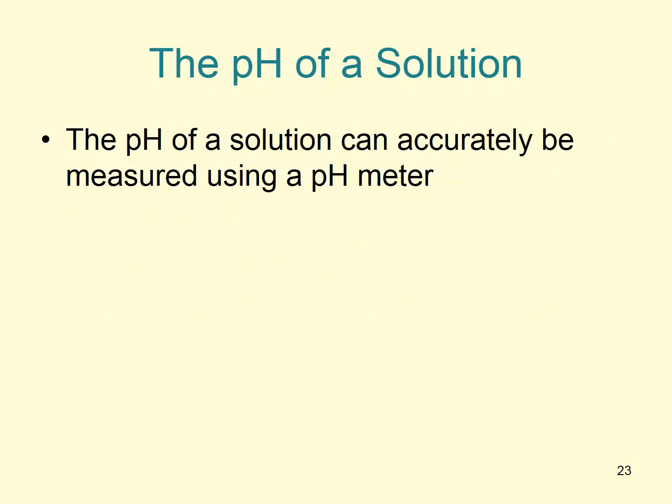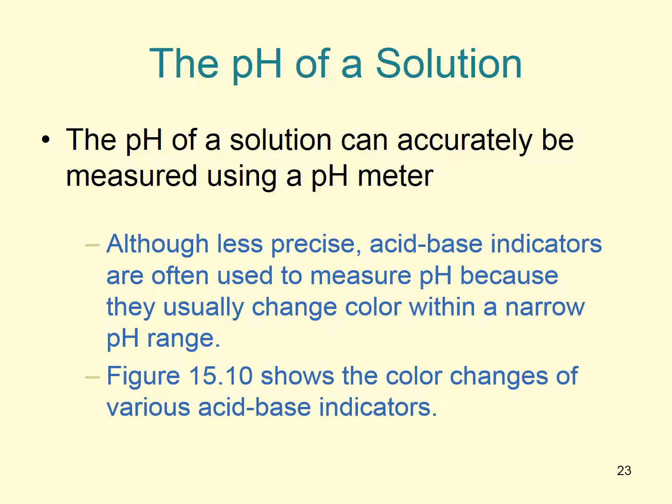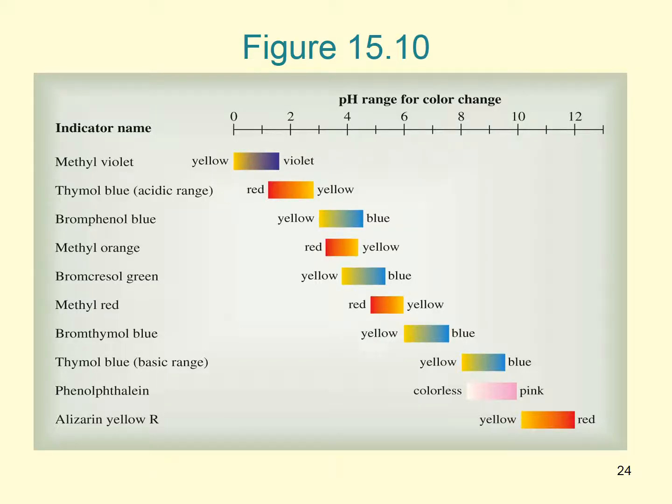We can measure the pH of a solution by using a pH meter, which, if you haven't already done so, you might get to do in lab. We can also use acid-base indicators to measure pH because they often change within a narrow pH range. Here you can see some color changes of various acid indicators. If you haven't done it already, we'll be using some of these in lab.